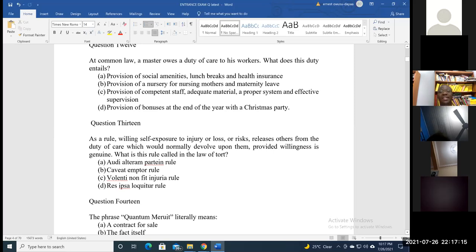And then the system, that is the arrangements for doing the work, properly established. So that is what is expected of the master at common law. And of course, effective supervision as well.